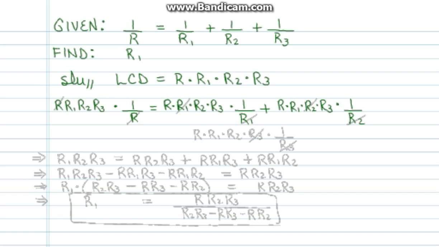And since we're out of space, we'll move down to the next line and multiply the last term by the LCD. R times R sub 1 times R sub 2 times R sub 3 times the last term, 1 over R sub 3.